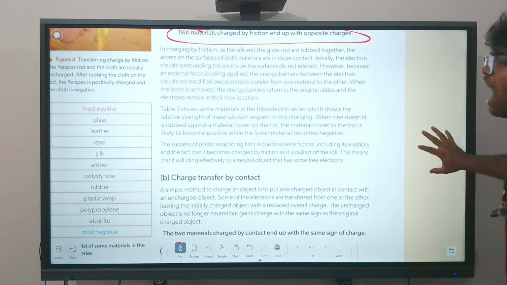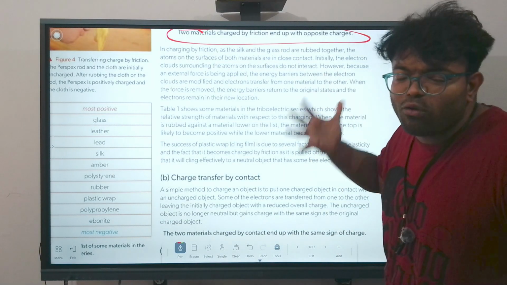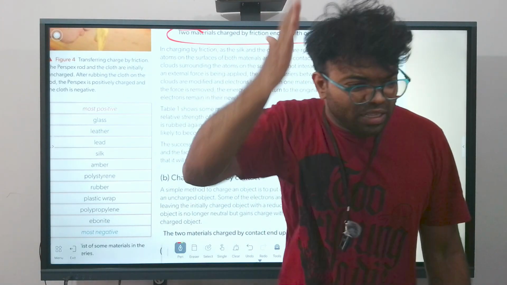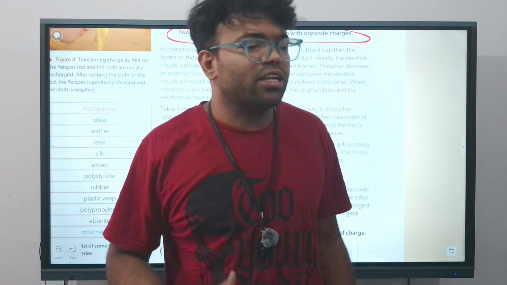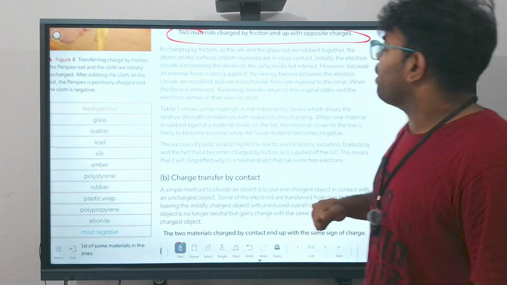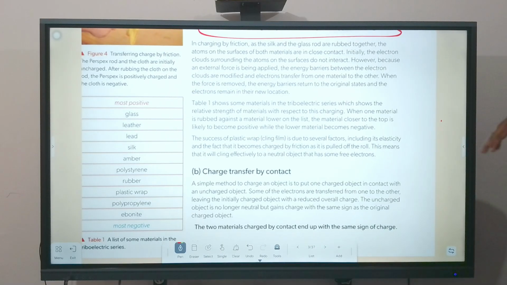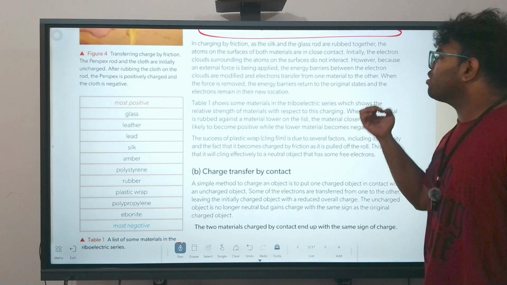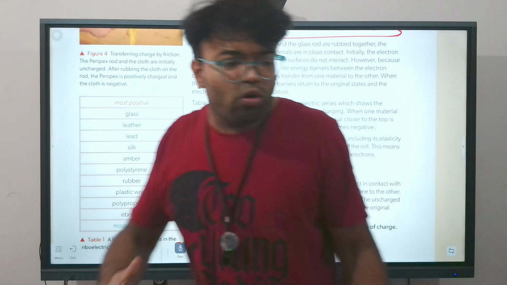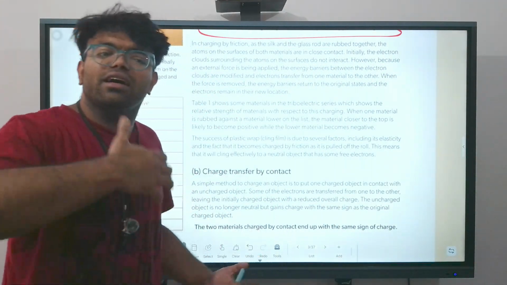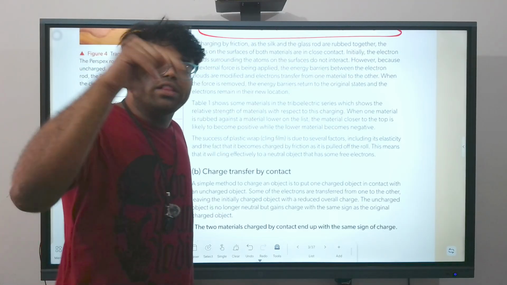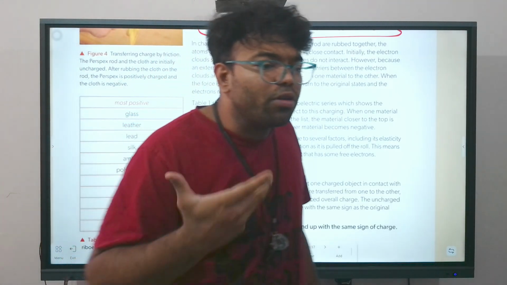But what happens? Because of an external force being applied, you are rubbing the scale with a cloth. The energy barriers between the electron clouds are modified and electrons transfer from one material to the other. So when you were rubbing the perspex rod with the silk cloth, what were you trying to do?